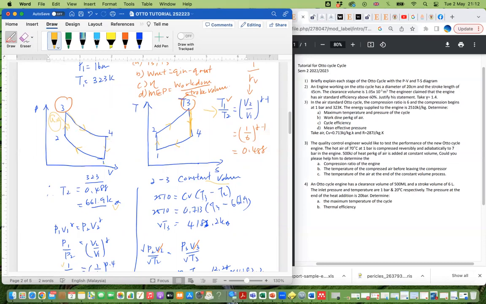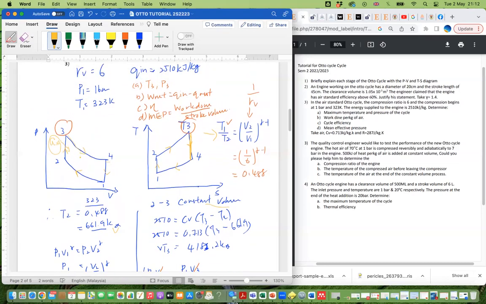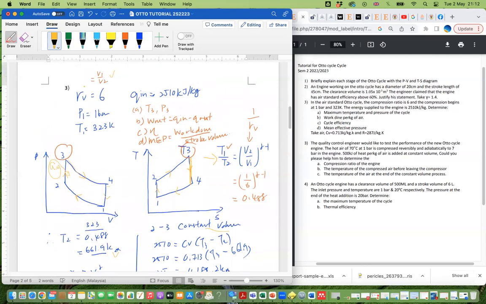So first we use the given information, mostly starting from 1 to 2. We know that it is isentropic, so we can use this equation. If you look properly, RV is V1 over V2, but this is V2 over V1, and indirectly this is 1 over RV.